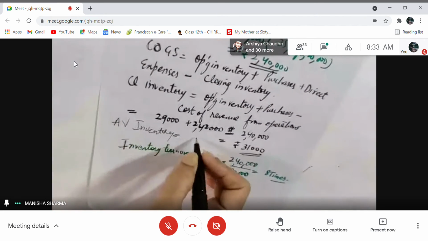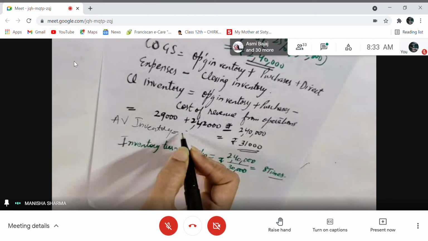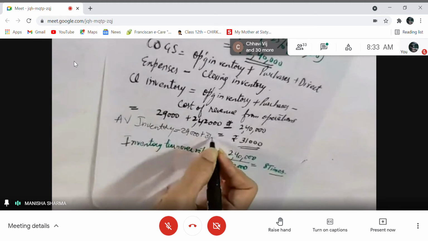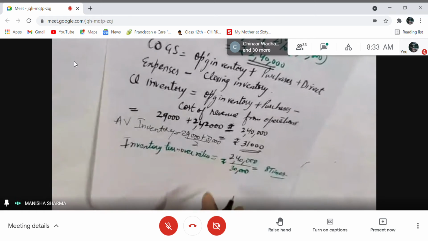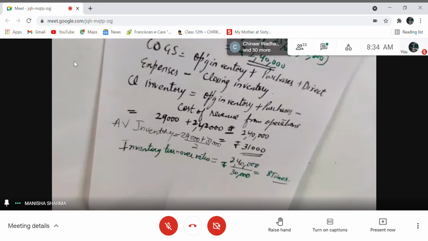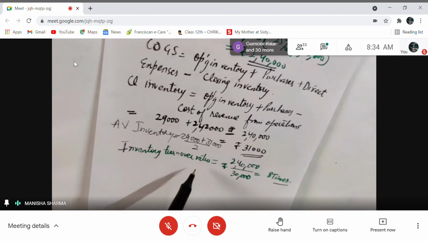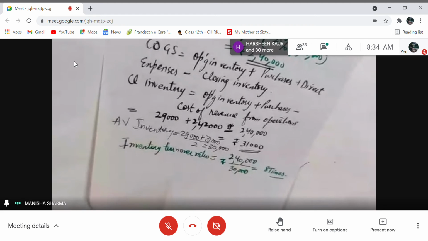Opening inventory is given as 29,000 plus closing inventory we calculated, 31,000, divided by 2. It will come out to be 30,000, right? So now I've calculated average inventory, which is 30,000.